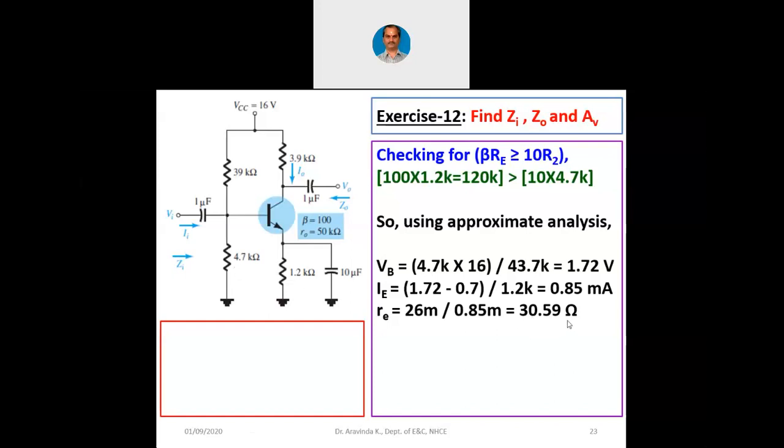Now you know the value of small re. Multiply it with beta, which is given as 100. Now calculate the value of 39K parallel with 4.7K, then that value parallel with beta into re. Quickly calculate and tell me the answer in the chat box. I'm waiting.